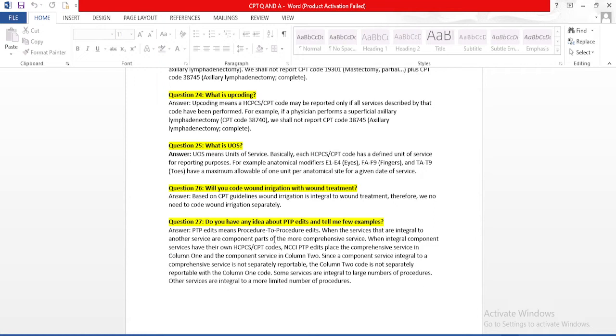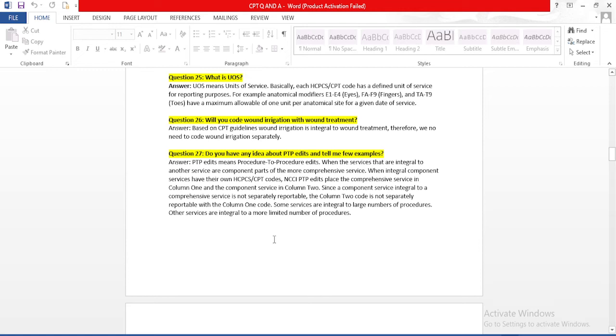So basically, in upcoding, we are coding more severe than the service performed. So if the physician performs superficial axillary lymphadenectomy, we need to code superficial only. We can't code complete lymphadenectomy or deep.